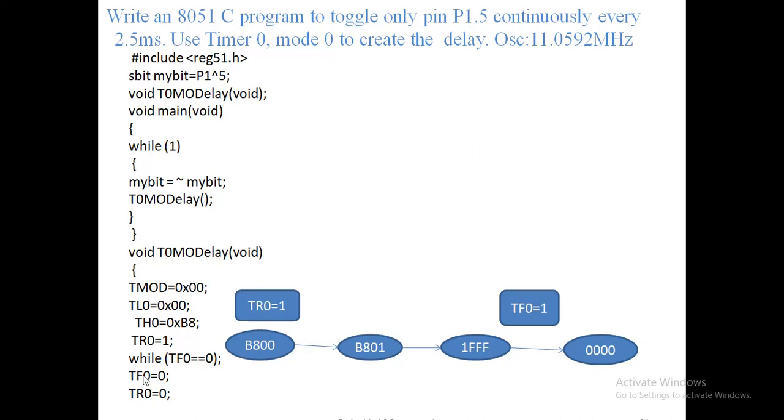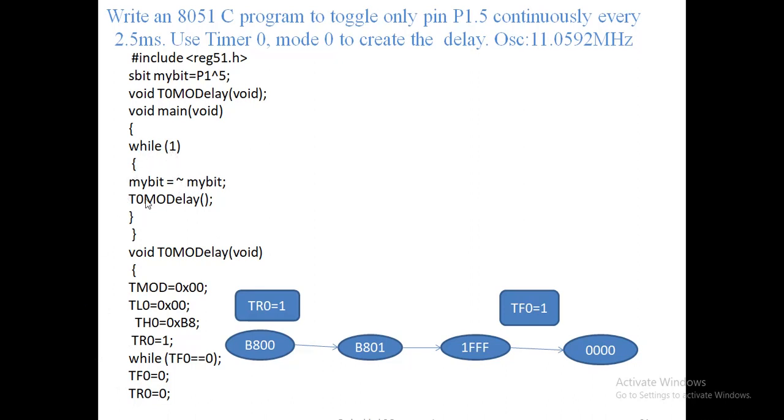Again you make TF0 as 0 and TR0 as 0 for the next time delay operation. If you are not making them 0, your timer is not going to run. So once it completes, you make them 0, that is very important. Then only it comes back to here, because it is a while(1).